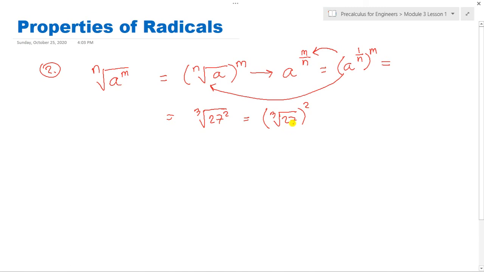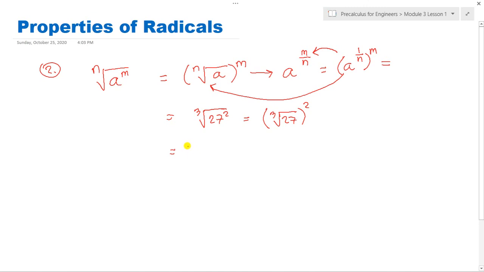Then para hindi ka malilito kapag magsisimplify ka ng radical expressions without using calculator, kasi may mga examinations na you are not required to bring calculator. So what will you do, class? Now if you're given a certain number inside a radical sign, you are going to simplify it or express it as a product of its prime numbers.